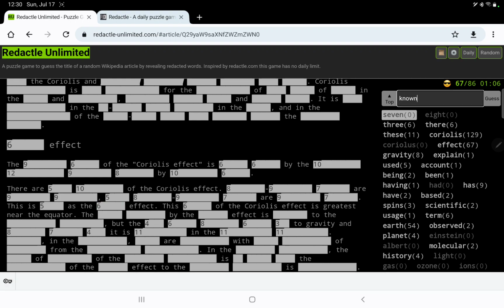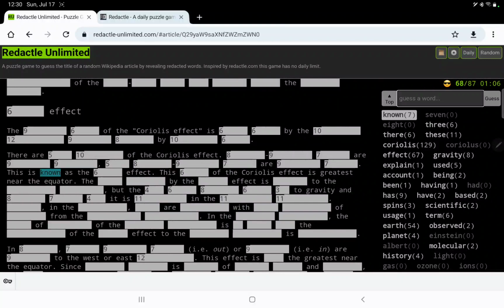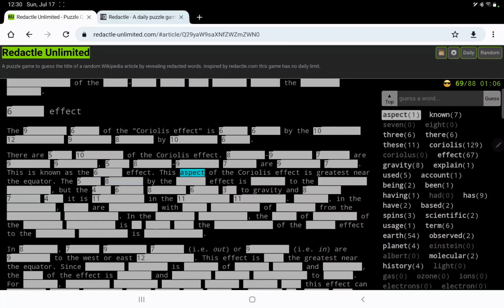This is known as the, okay, so this is not the Coriolis effect, but maybe a version, subset. This aspect, maybe, of the Coriolis effect is greatest near the equator. The 5, 8 by the... Now, the only thing I'm thinking of the Coriolis effect is toilets flushing in opposite directions in the northern and southern hemisphere.